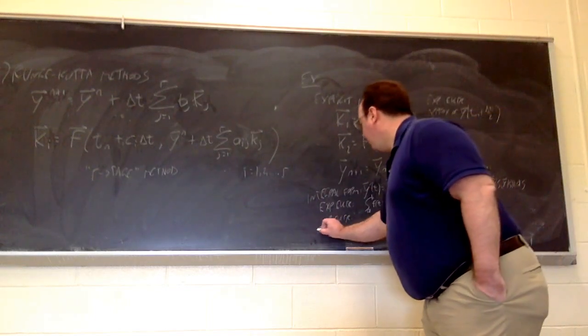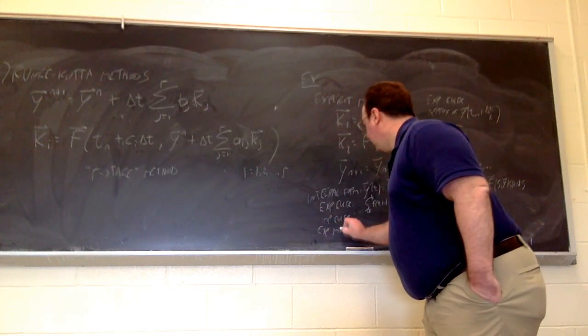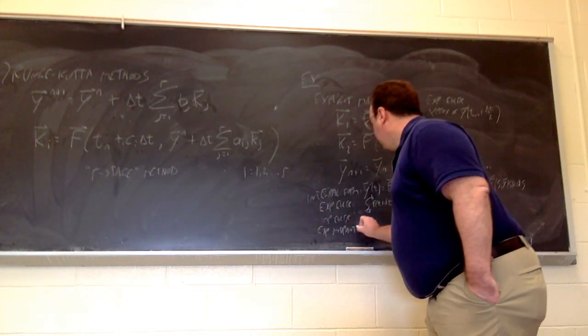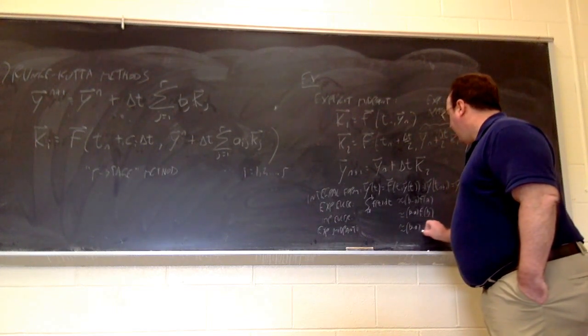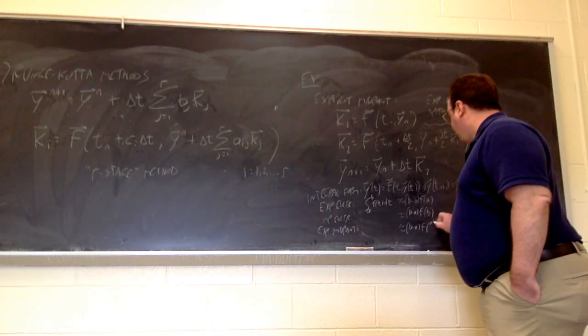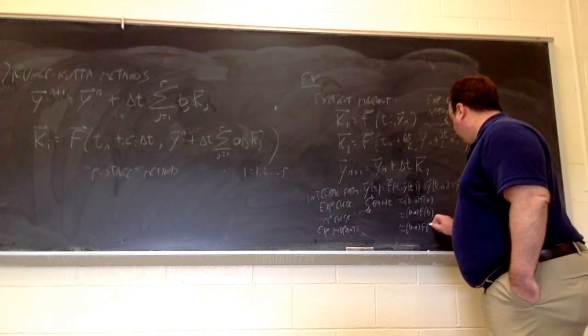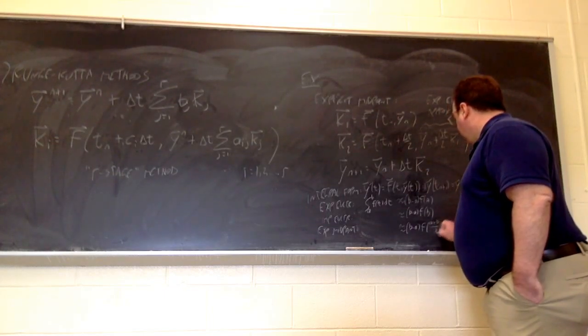Explicit midpoint uses a midpoint rule, approximates it by b minus a times f of a plus b over 2.